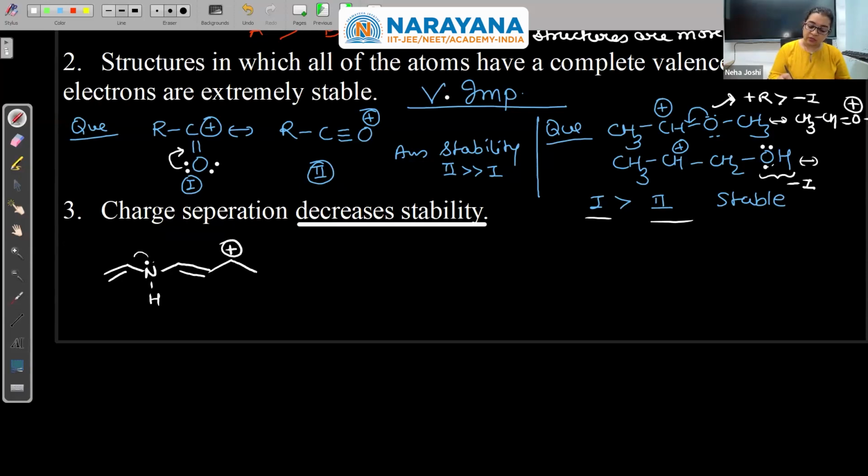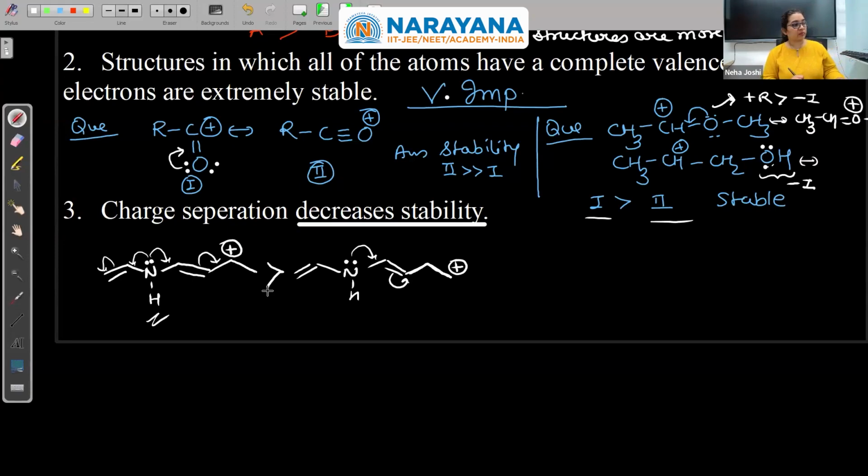Yes, it is a case of cross conjugation. It can resonate this side, it can resonate that side, but still I can use this nitrogen to complete the octet. But in case the same molecule has been given as plus here, now I cannot use this resonance. 2 sigma distance is breaking the conjugation, and so this is more stable than this.